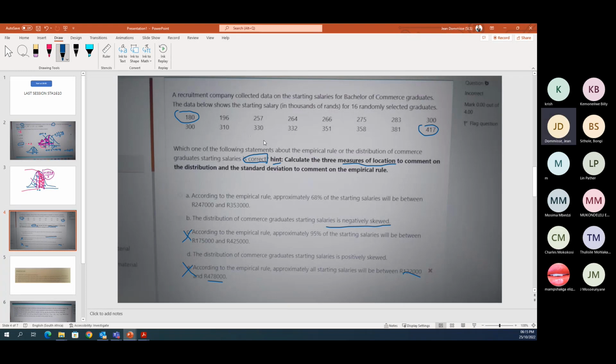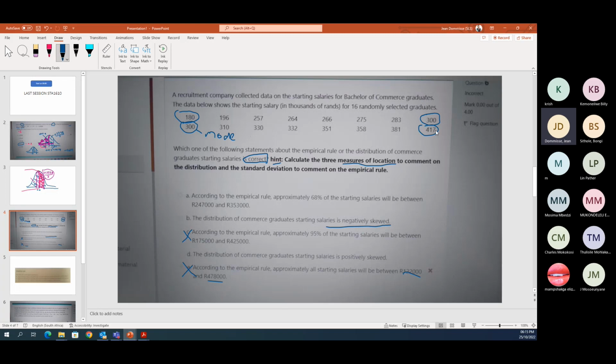What I would have suggested, let's look at it. It is ranked. There is a mode of 300.